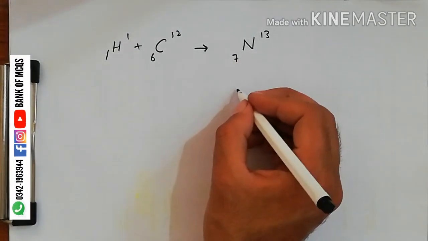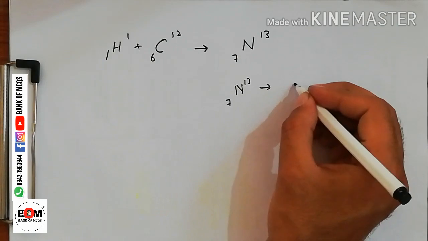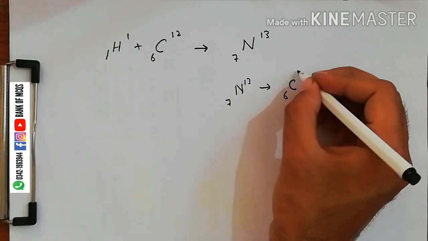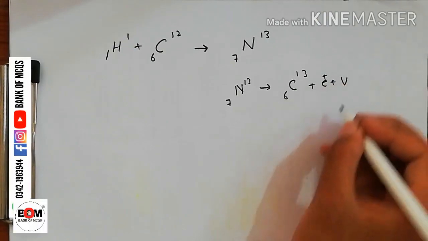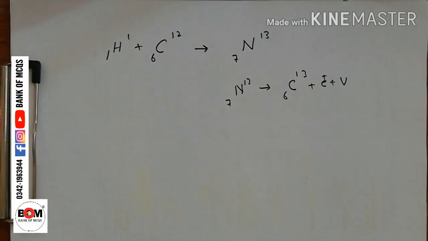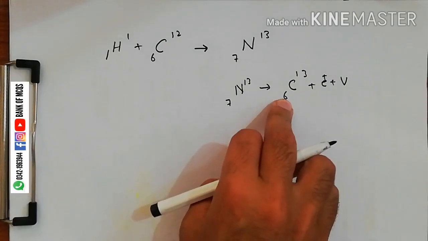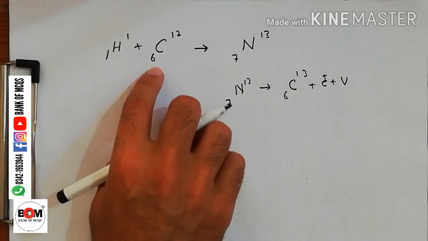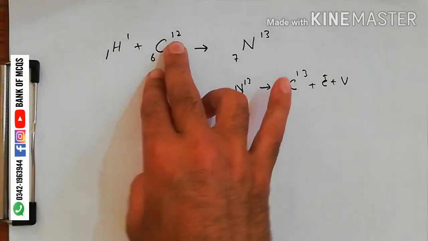In the next step, this nitrogen is converted into C613 plus positron plus neutrino. Again this carbon will react with another proton. Now the proton reacts with C612, so it forms nitrogen.